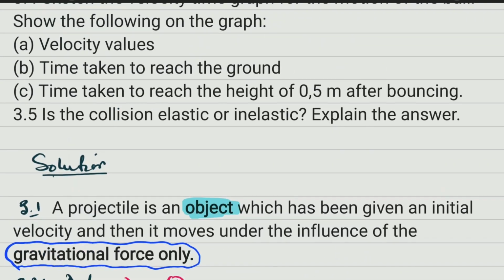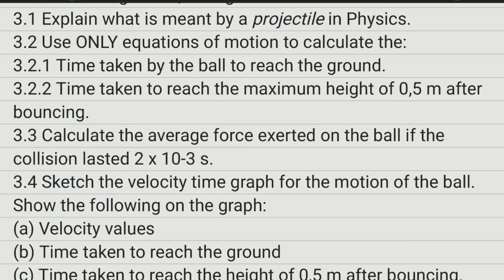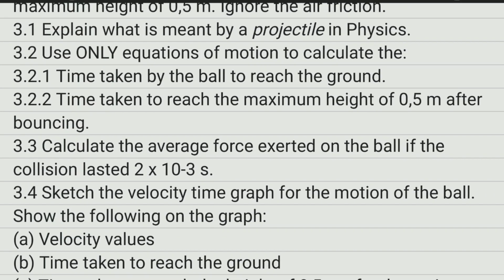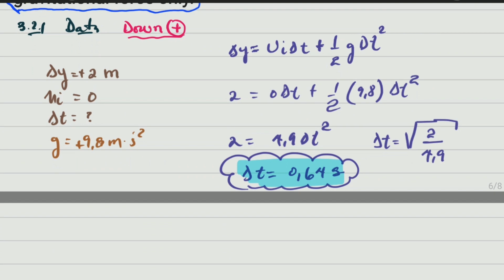Now the next question said calculate the time taken to reach the maximum height of 0.5 meter after bouncing. So for 3.2.2, I want you to see something that is happening here. An object is being dropped from a certain height to the ground, which is 2 meters height.